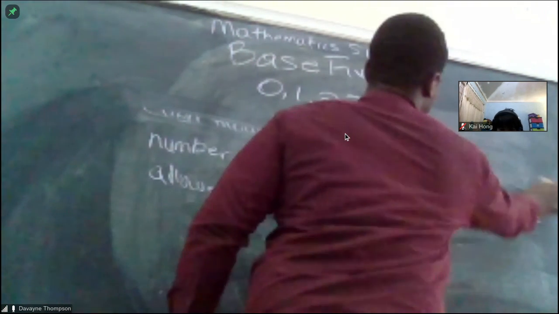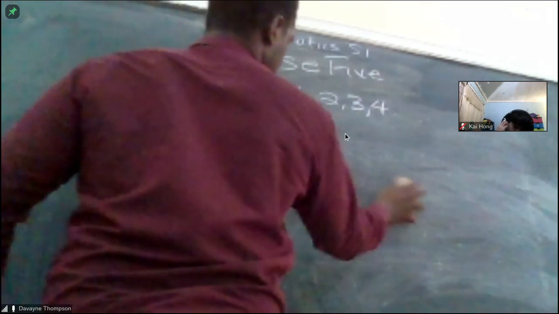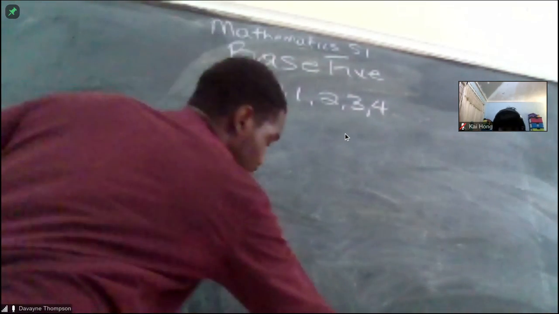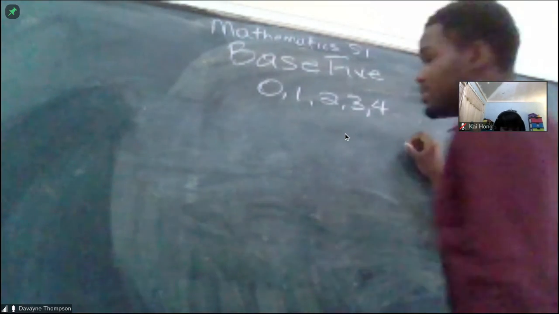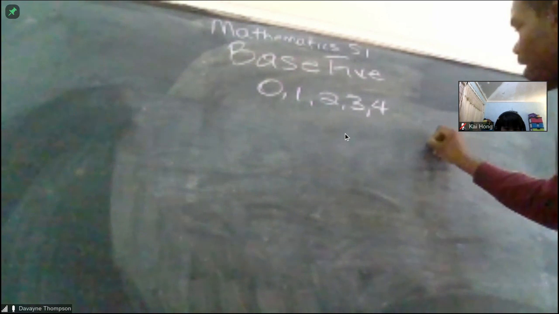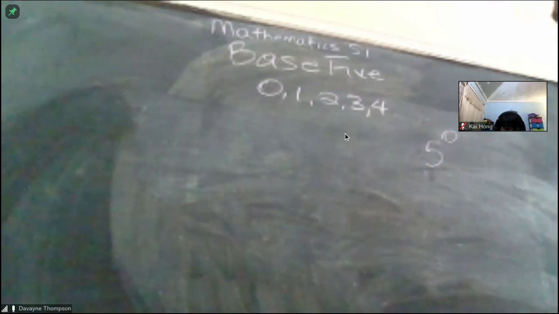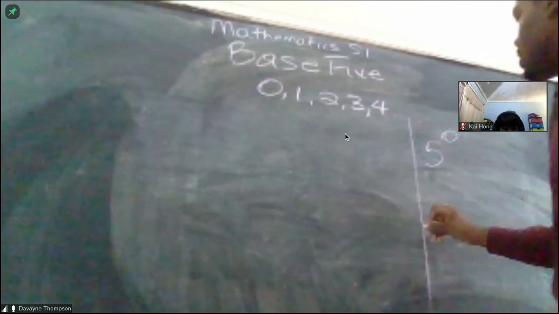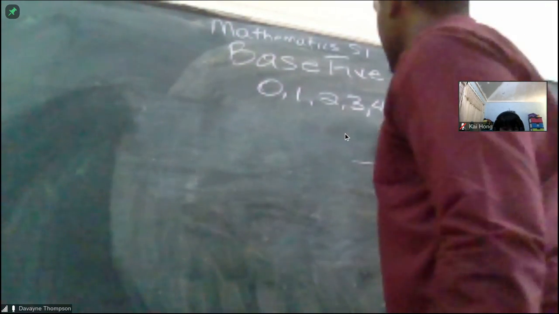I'm pretty sure you guys remember this chart. You start from the right and you start with the base 5. You put the power of 0. We draw a column, put it across, then we go to the next one. What will be the next one?